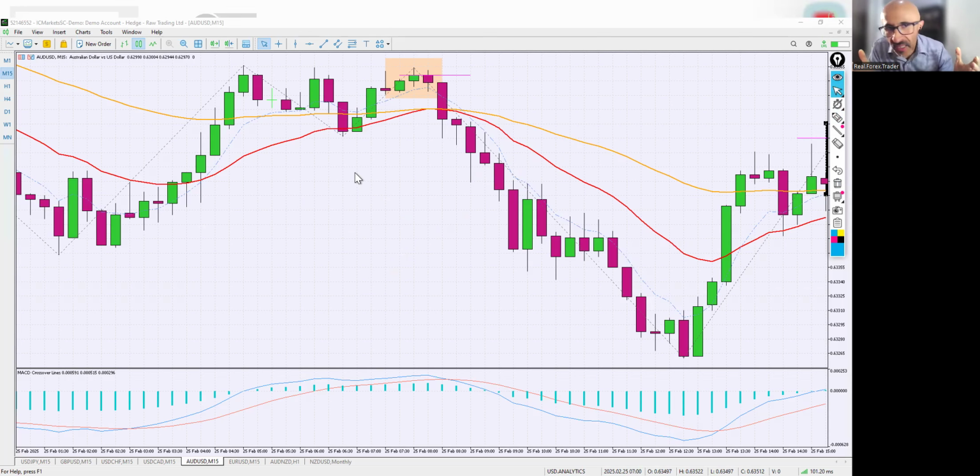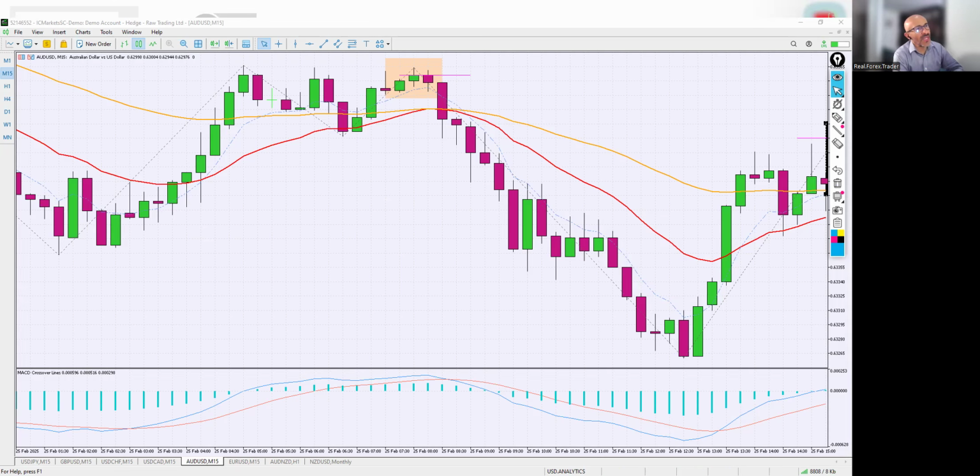Of course, and once again, I tell you, it would be irresponsible if we just focus on a candlestick pattern to execute a trade. No, we need confirmation from other indicators. We need confirmation from other tools that we have in our trading platform.